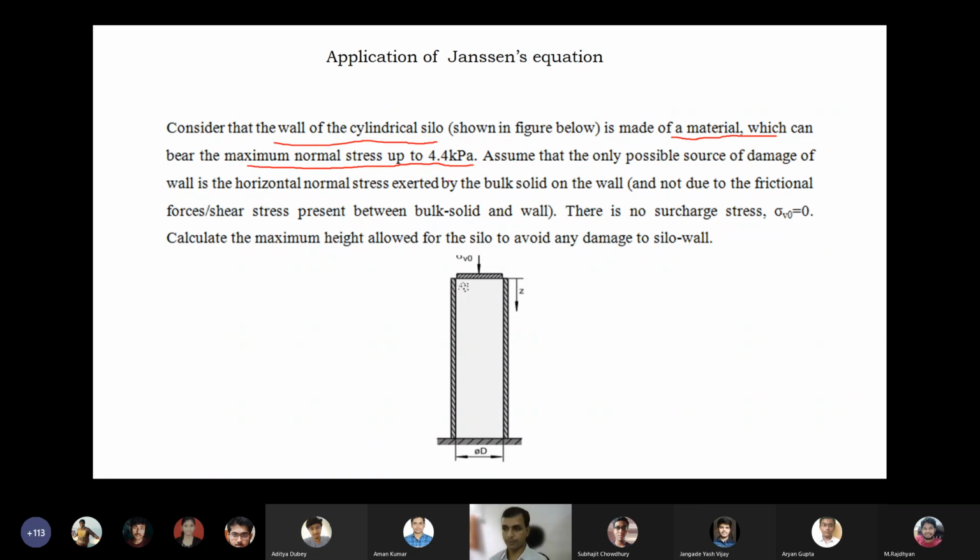Assume that the only possible source of damage at the wall is horizontal stress exerted by the bulk solids on the wall. If there is no surcharge stress, that is, additional external stress, calculate the maximum height allowed for the silo to avoid any damage.